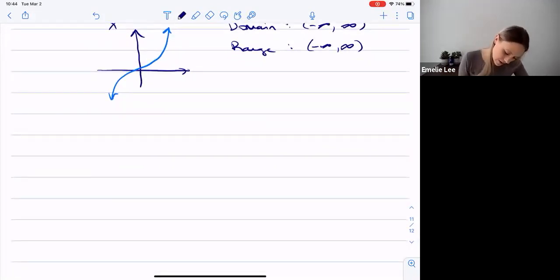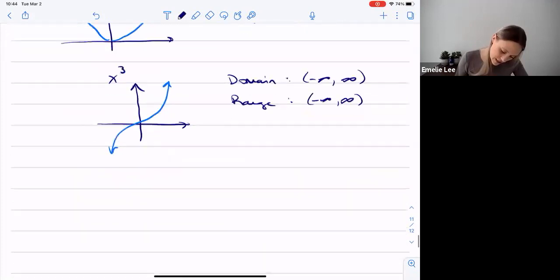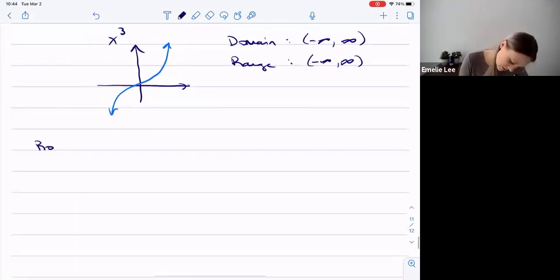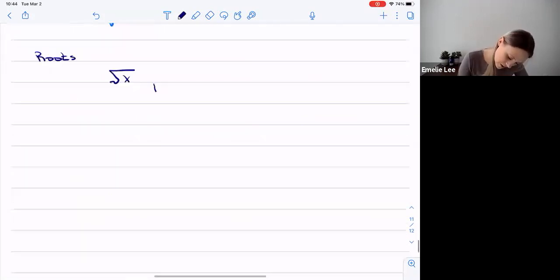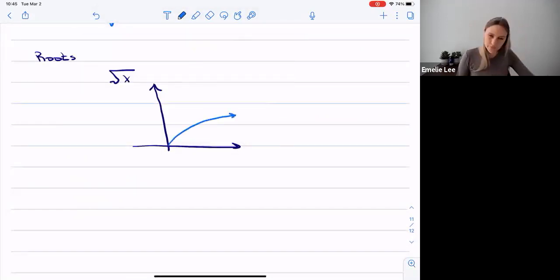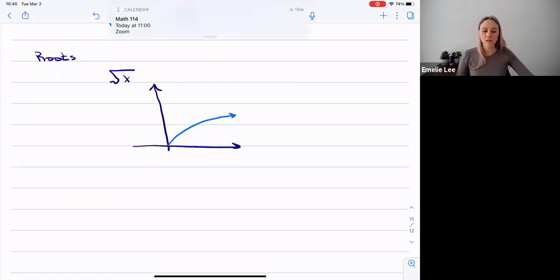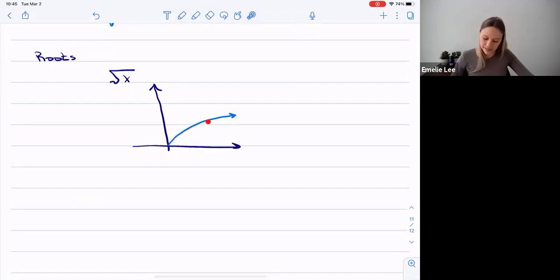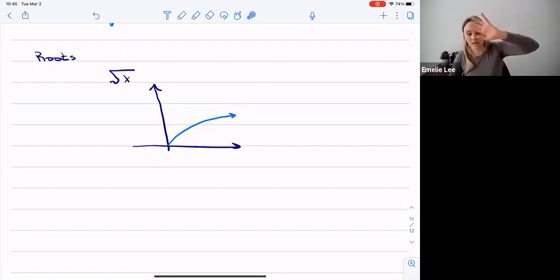Let's talk about roots, specifically the square root of x. The square root of x looks like this. Even though it doesn't look like it here, this actually goes all the way up to infinity.